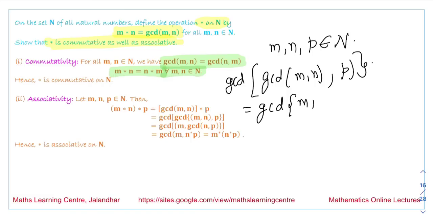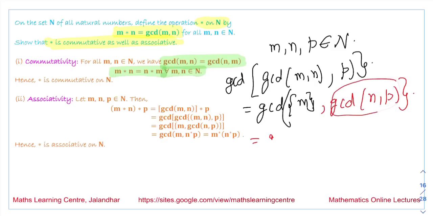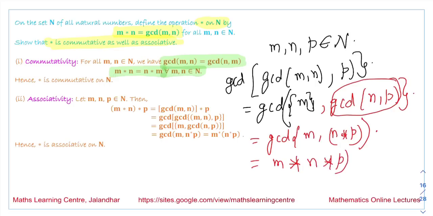This is equal to the GCD of m comma GCD of the numbers n and p. So this is equal to m comma n star p. This is the definition of GCD, and this is equal to m star n star p.